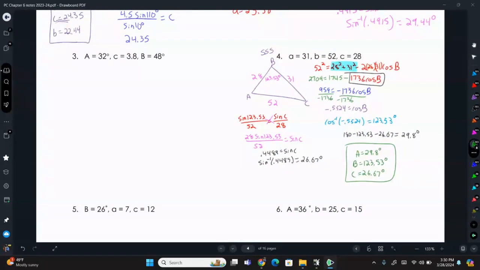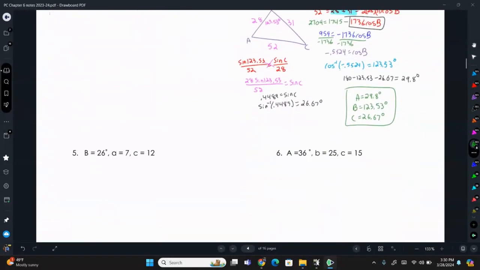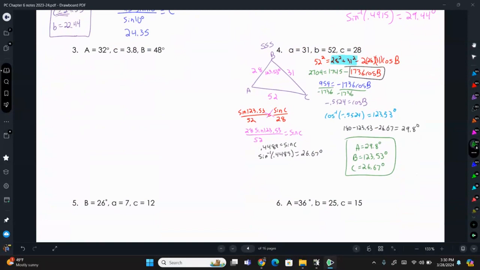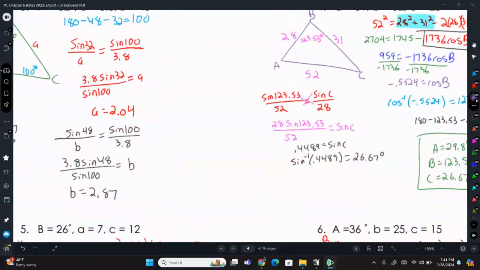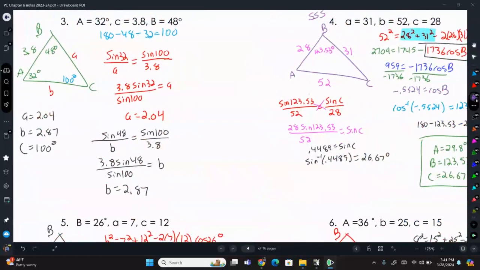All right, so like I said, I want you to pause the video and try these other three problems, please. And then once you're done, you can unpause it to see if we got the same answers. All right, so let's look at these now. I know that these problems take some time because of all the steps that you have to do for calculating, but it does get a little bit easier, again, the more that you do them and the more shortcuts that you can take.